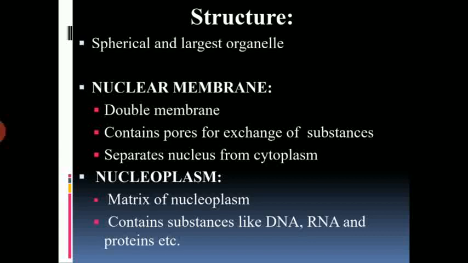Next is the nucleoplasm, the fluid matrix inside the nucleus. It contains all the dissolved substances, like DNA, RNA, protein, and ribosomes. The metabolic activities of the nucleus are all done inside the nucleoplasm.